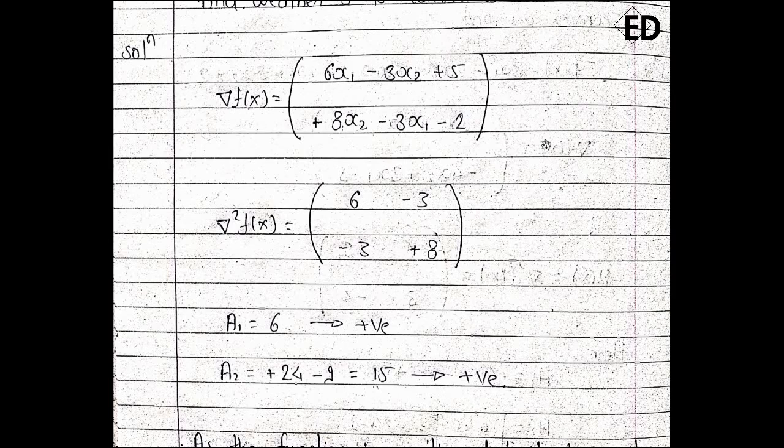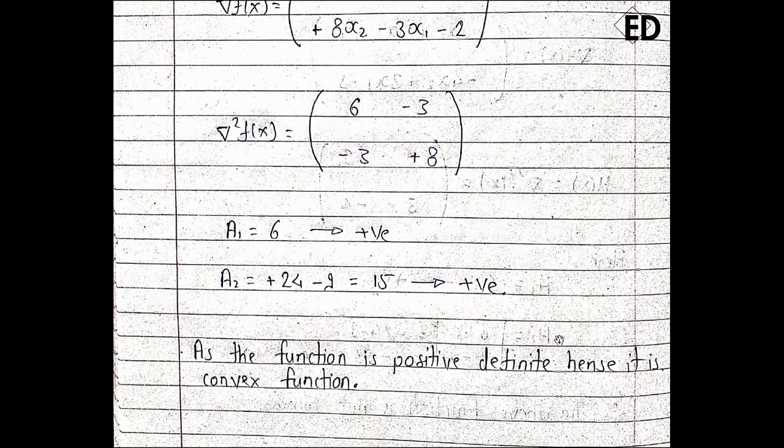First step is to calculate the gradient, second step is to calculate the Hessian matrix, and from the Hessian matrix see whether it is positive definite, negative definite, or semi-positive definite. If the Hessian matrix is positive definite, then that function is a convex function.